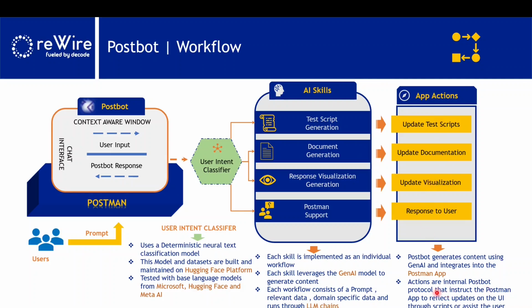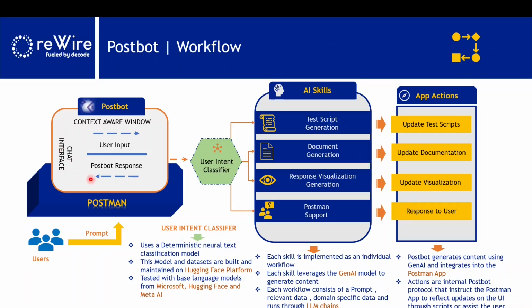App actions are an internal Postbot protocol that instructs the Postman app to reflect updates on the UI through scripts, because each action follows certain protocols. Those protocols are converted into the relevant output and then presented on the presentation layer of the Postman app.